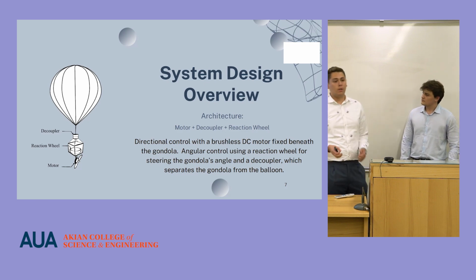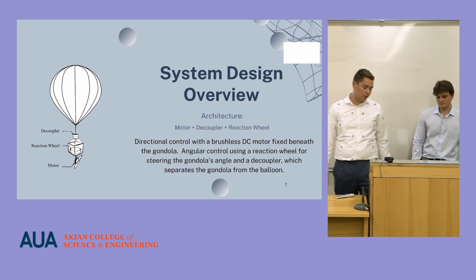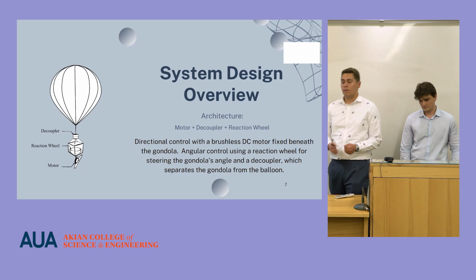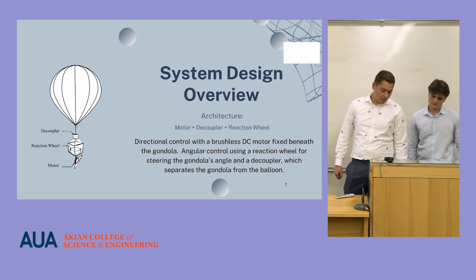The reaction wheel turns the gondola to the desired direction. For the motor, we chose a brushless motor so that it generates the thrust.